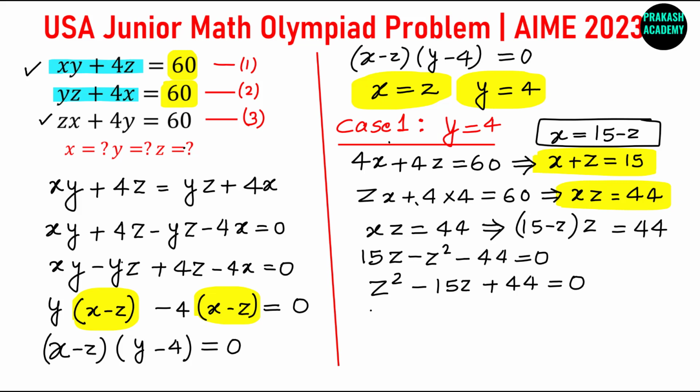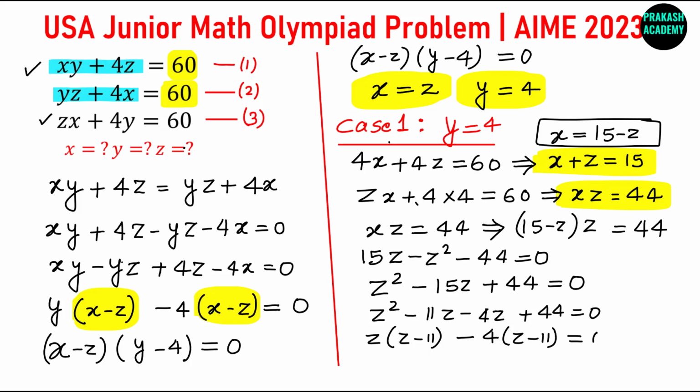So you can factorize this: z² - 11z - 4z + 44. If you take z common here, you will have z(z - 11), and if you take -4 common here, you will have -4(z - 11), and this equals 0. This means I can write (z - 11)(z - 4) = 0.